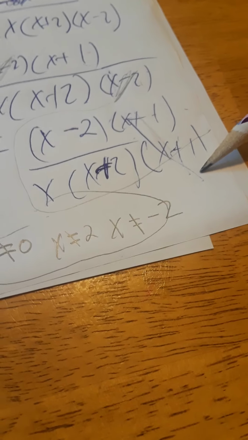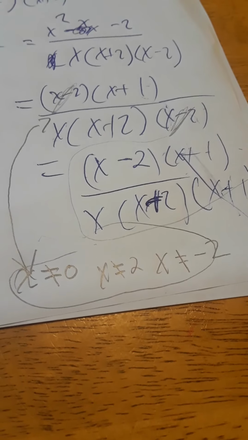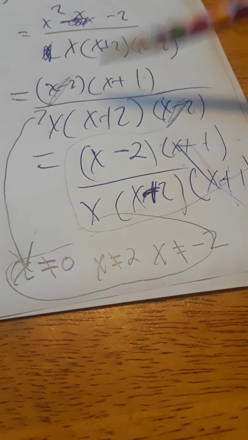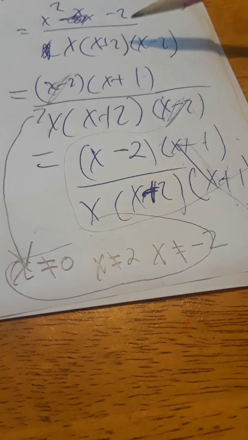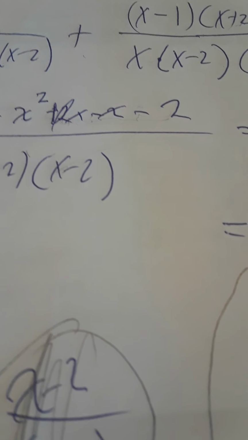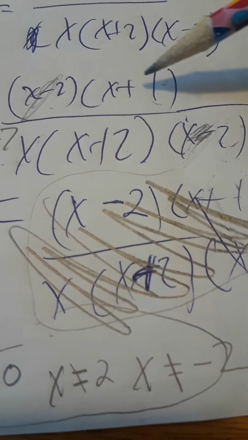These things can get into your head because it's all over the place. I'm double checking. For some reason I thought I could cancel on it. So I'm going to pause just to double check myself. Yeah, so those x minus 2's do cancel out right there. That leaves you with x plus 1 over x plus 2.